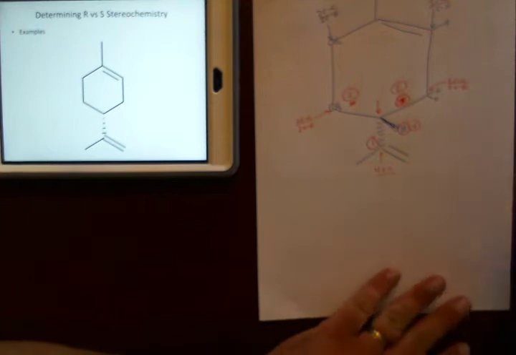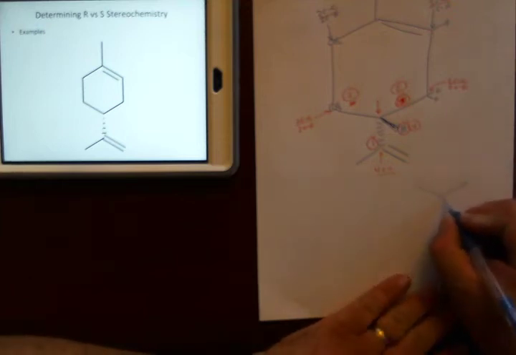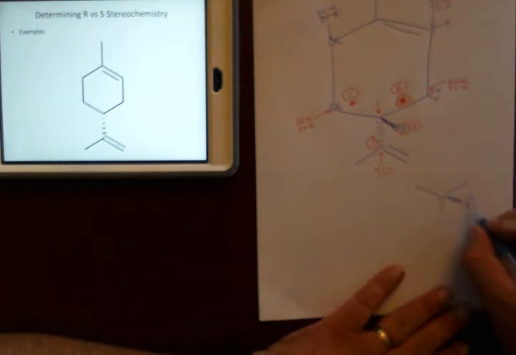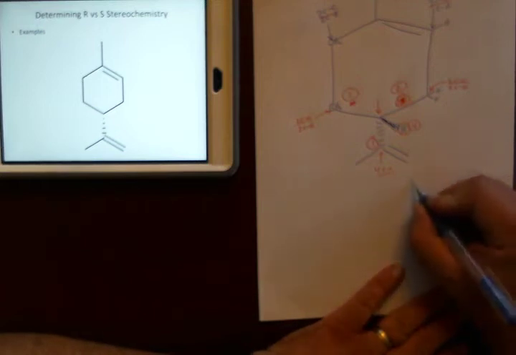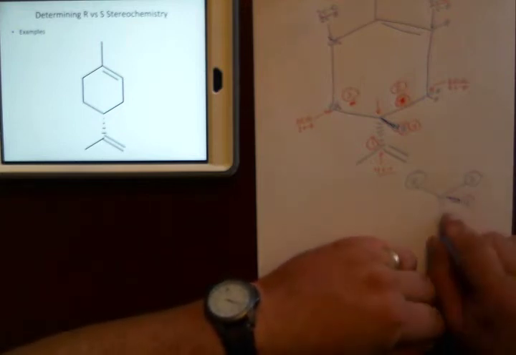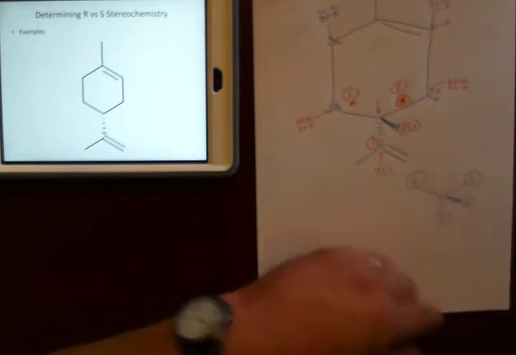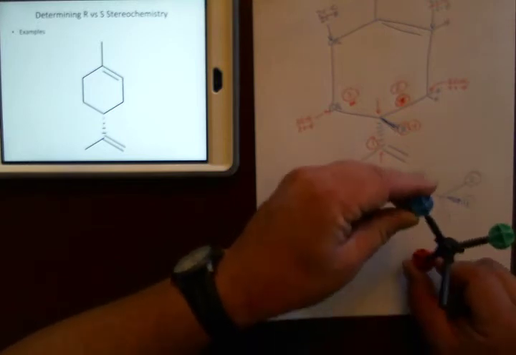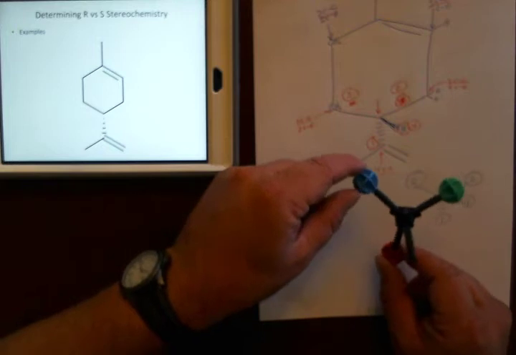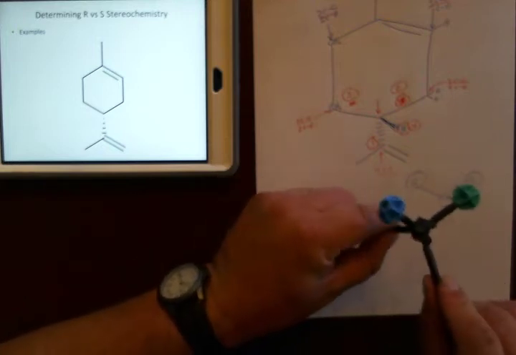So if we rewrite this as this, this ends up being 4, that's 1, that's 2, that's 3, okay? So now here, the problem with the steering wheel method is the 4 is coming out at you. So here, it's looking like this. So what we need to do is rotate this so that the 4 is going back.